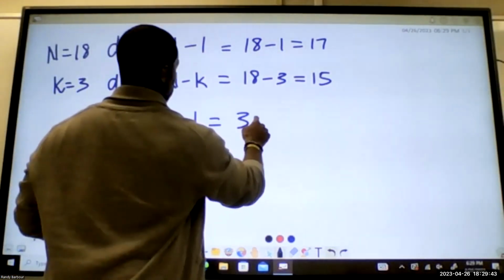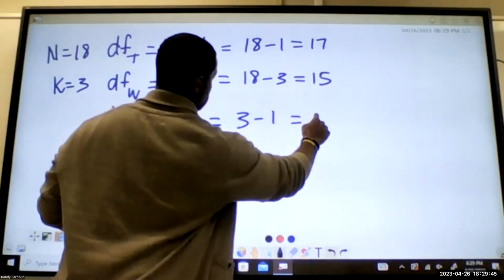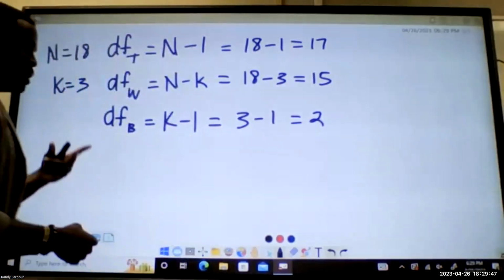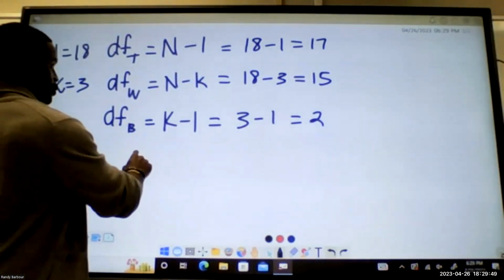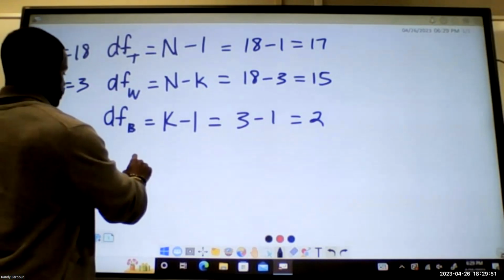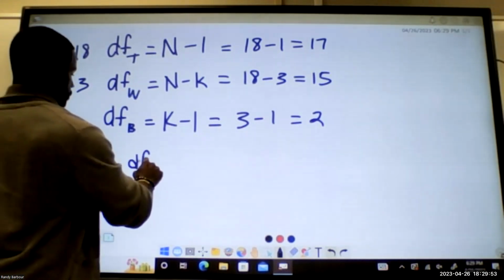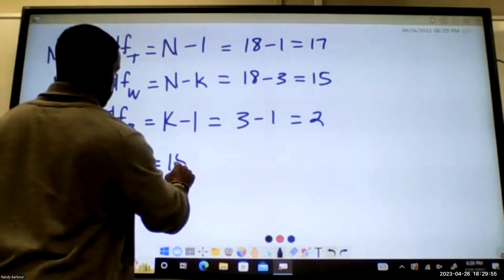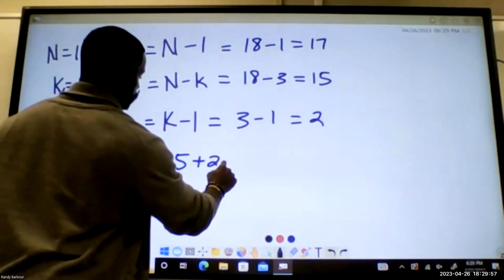That's going to give me 3 minus 1, which gives me 2. So again, total degrees of freedom, 15 plus 2 is 17.